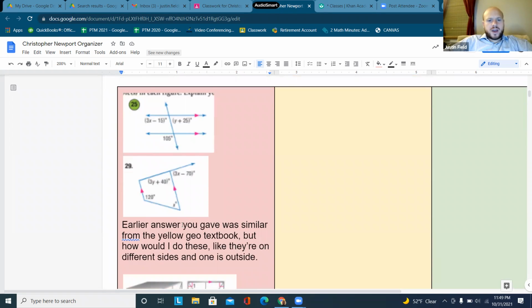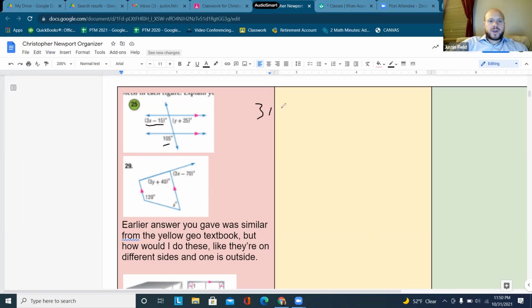Earlier answer you gave was similar from the yellow geotext, but how would I do these like they're on different sides and one is on the outside? All right. So for this first question, 3x minus 15 and 105 are corresponding angles.